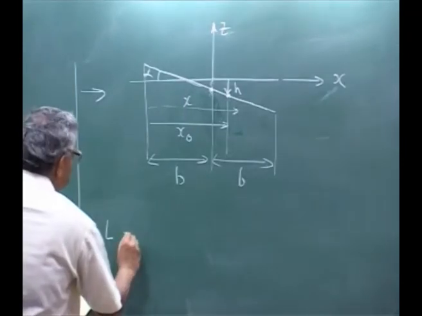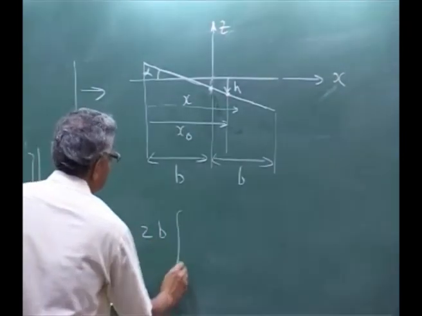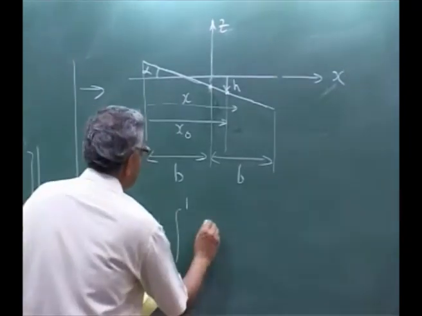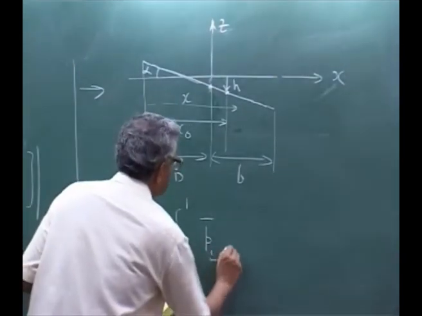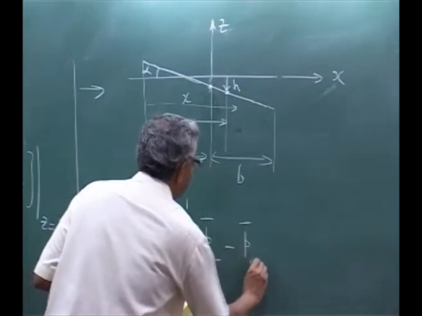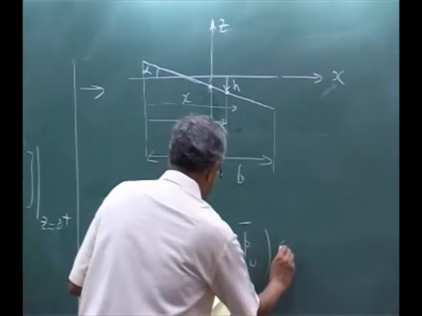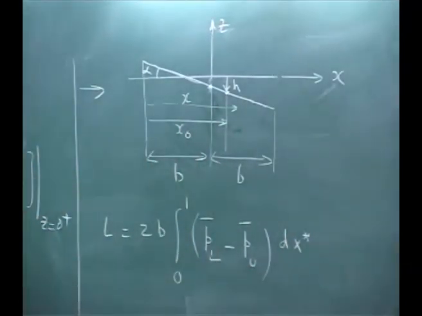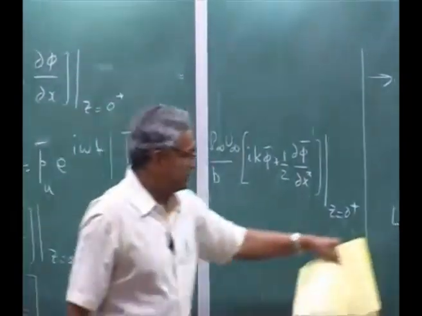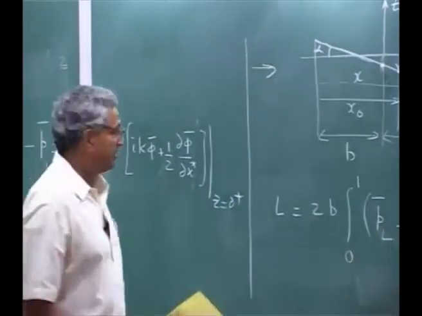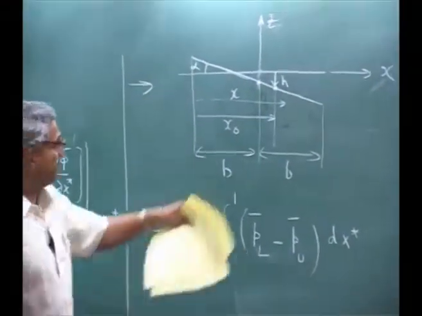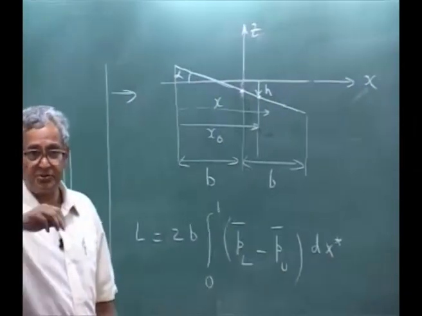Write your lift as 2b integral 0 to 1 p bar lower minus p bar upper into dx star. Lower minus upper means I just put a minus sign, minus and minus will become plus. So this is my lift, and moment about the elastic axis, or the point about which I am measuring the rotation.